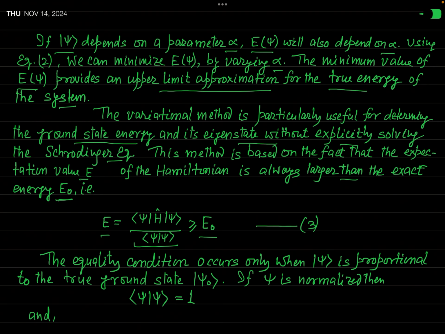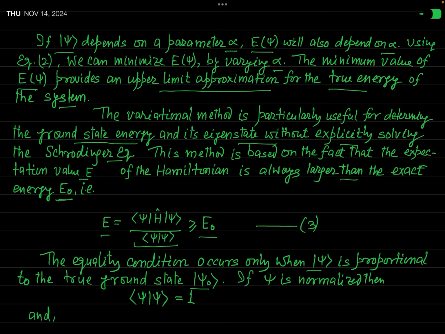In fact, here the sign of equality will hold only when this ket psi is proportional to the true ground state ket psi naught. Only then this equality will hold. If the ket psi is not proportional to the true ground state ket psi naught, then this inequality will hold. Okay.